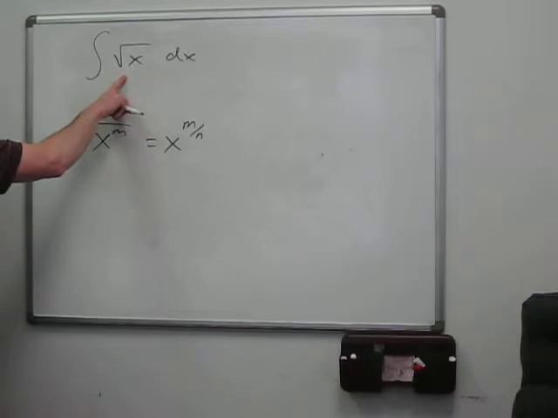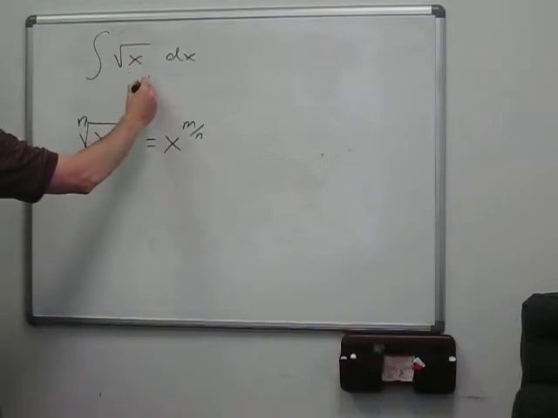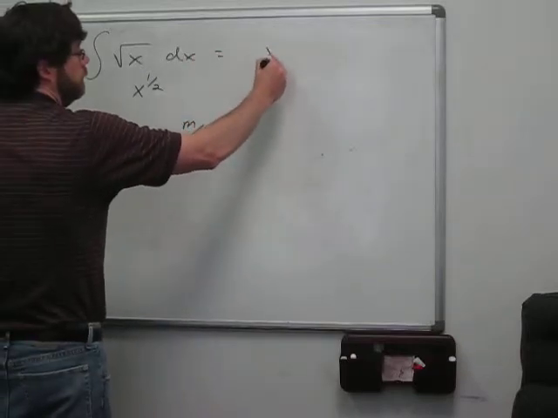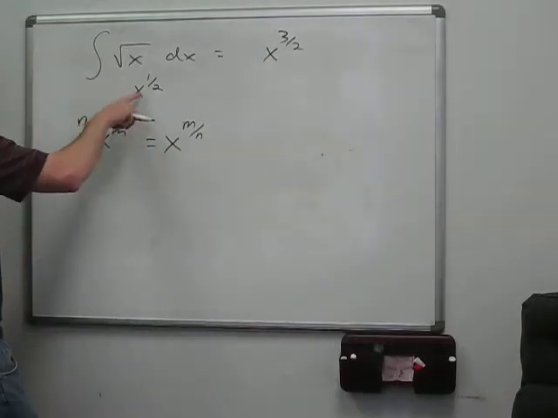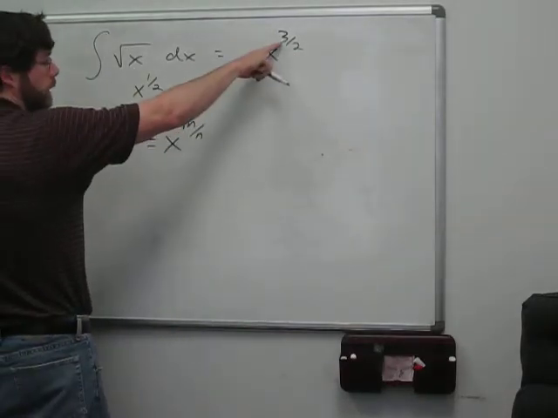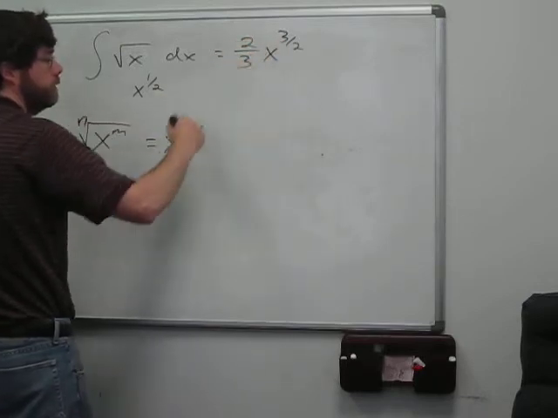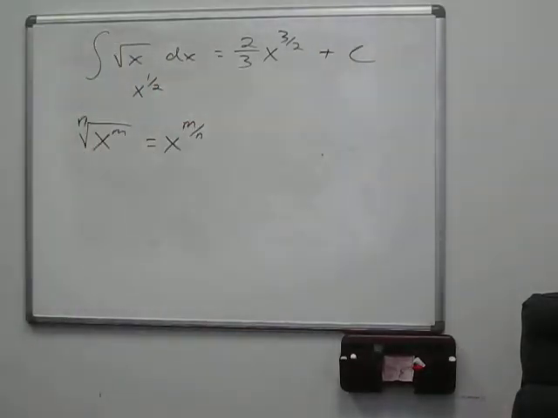So in this particular problem, we have an unwritten 2 here for the square root, and x is raised to the 1st power. So here I want the antiderivatives of x to the 1/2. So add 1 to the power. 1 divided by the new power, 1 divided by 3/2 is just 1 times the reciprocal. So the antiderivatives here are 2/3 x to the 3/2 plus c.